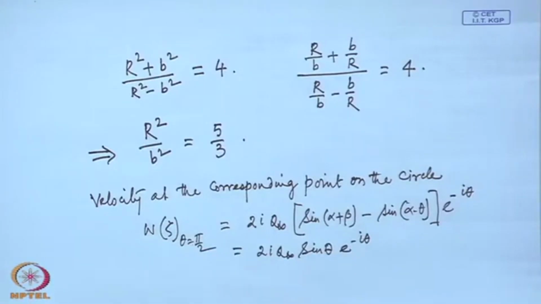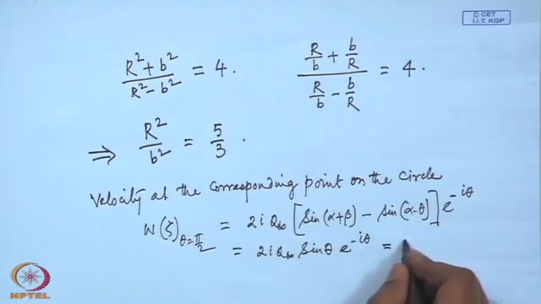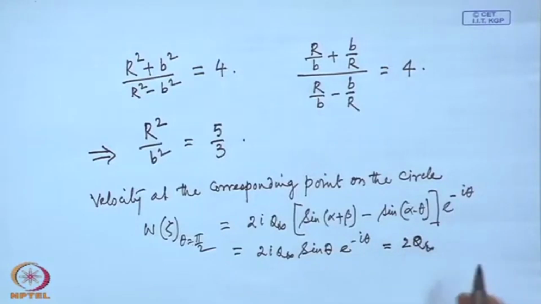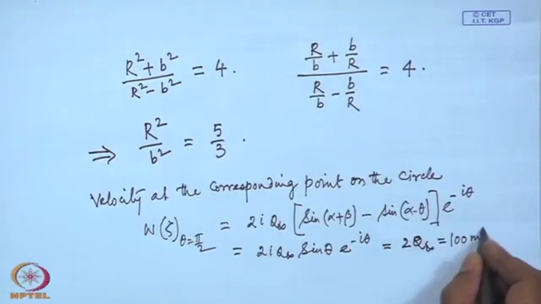So, this will make it simply 2 q infinity. That is 100 meter per second.